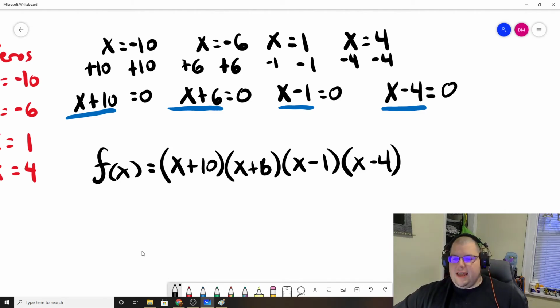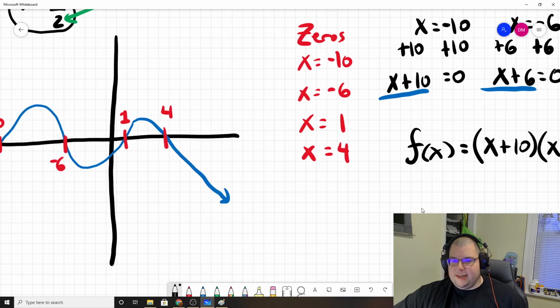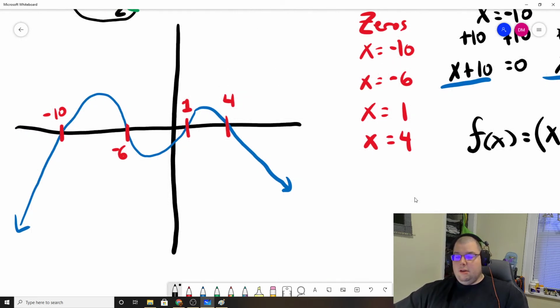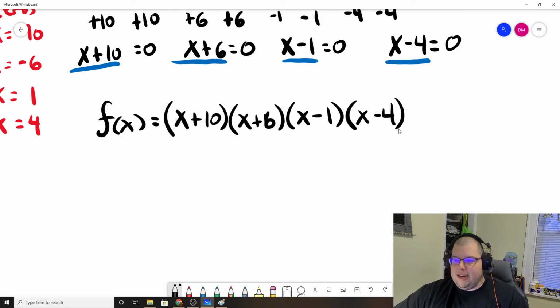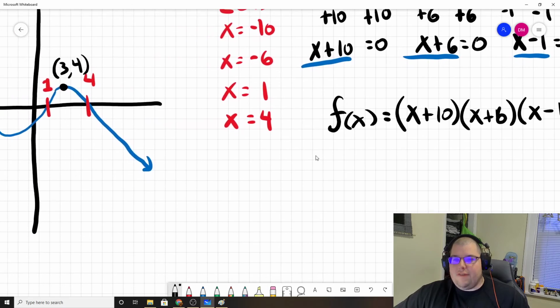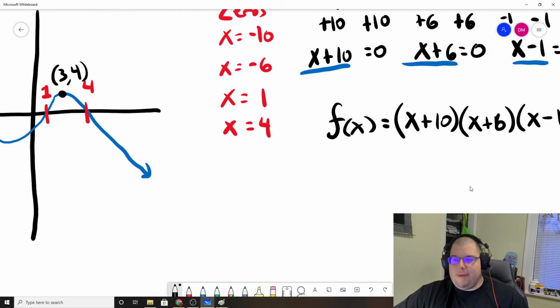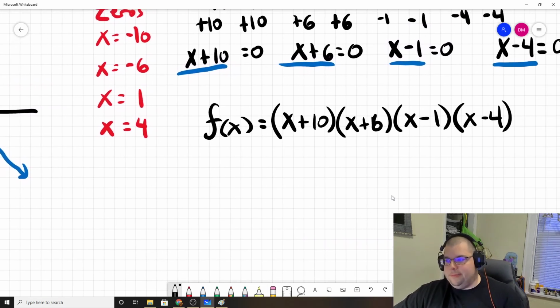For instance, if they give you another point that isn't an x-intercept, like 3, 4, something like that, what they would want you to do is plug in 3 into this, find out whatever number you got, and then figure out what number to multiply it by to get to 4.